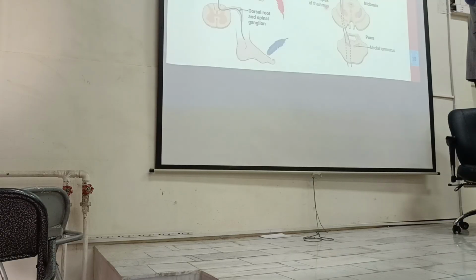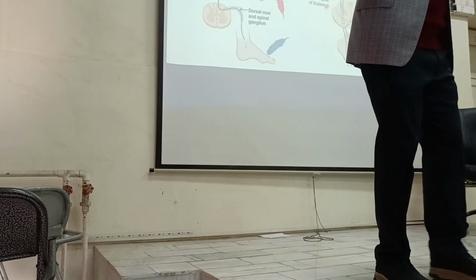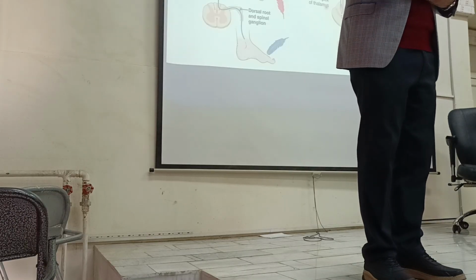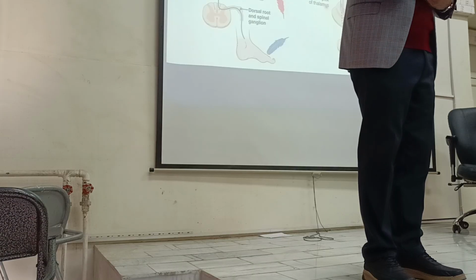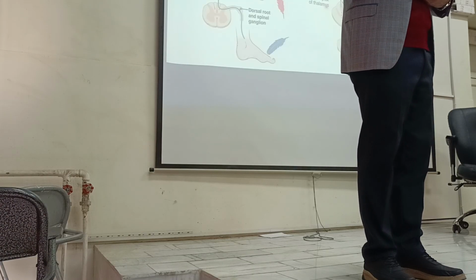The gracile one collects information from the lower part of the body, right? Cuneate collects information from the upper part of the body. So where is the boundary? So consider the navel, okay, umbilicus. So below the umbilicus is lower part, above that is upper part.